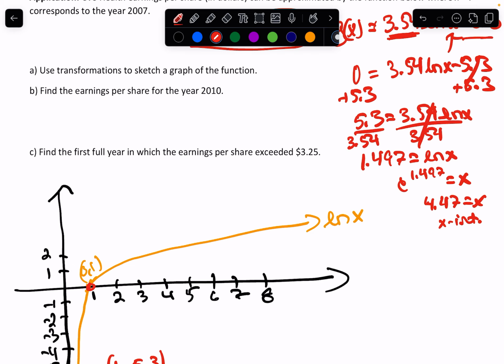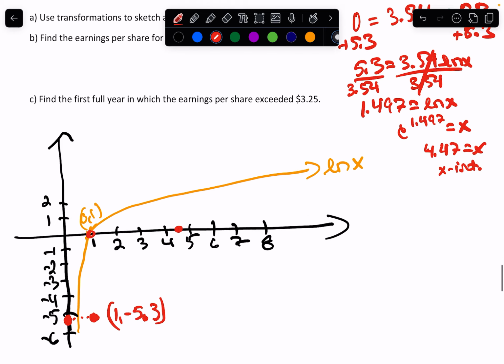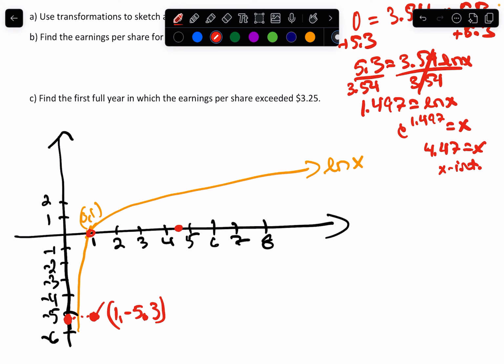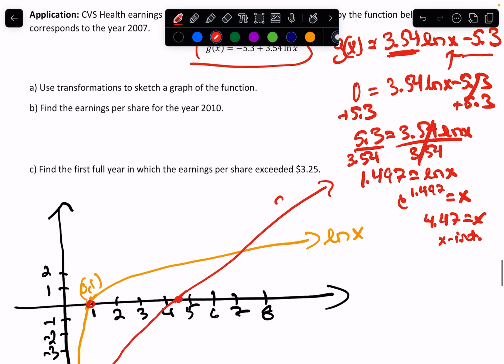We are crossing the x-axis somewhere right here. It keeps going and going like this, and this is our g of x. Because of the 3.54, remember that that is a vertical stretch.